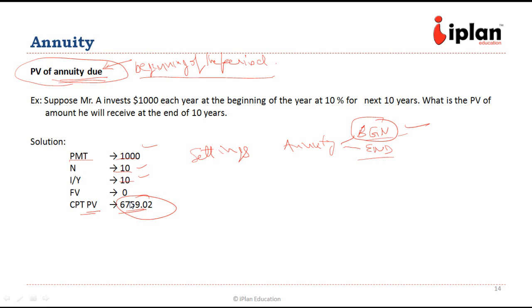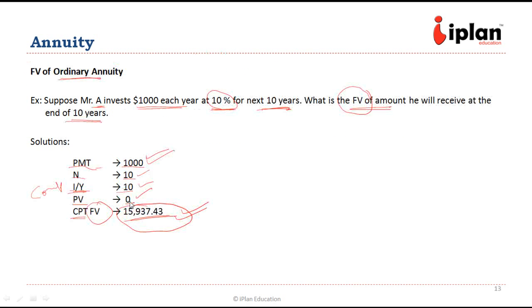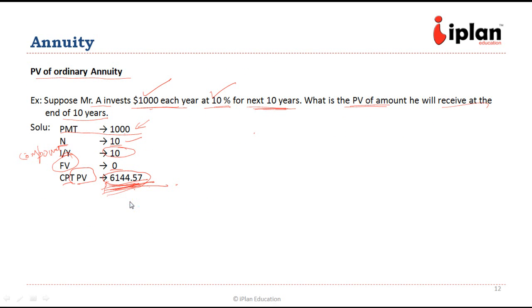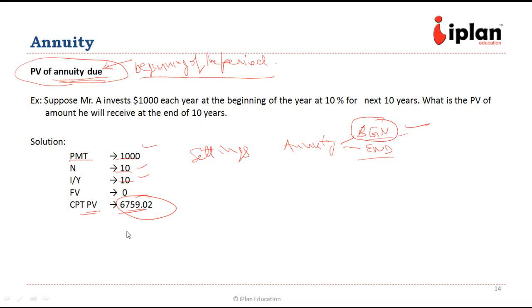We can see that this value is higher than the previous number, which was the case of ordinary annuity. Here it was 6,144, while if we look at the annuity due it is 6,759. So this says for annuity due the value of PV is higher.